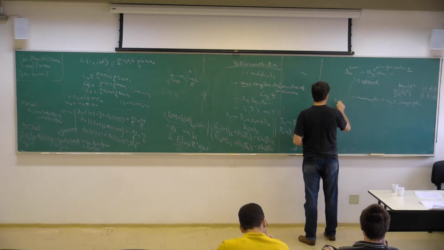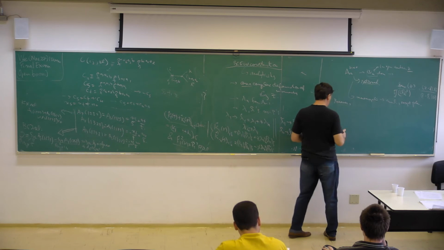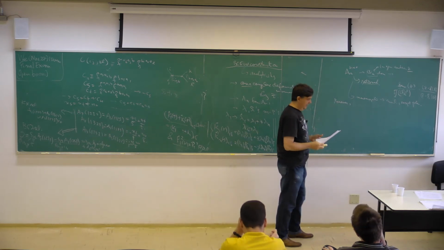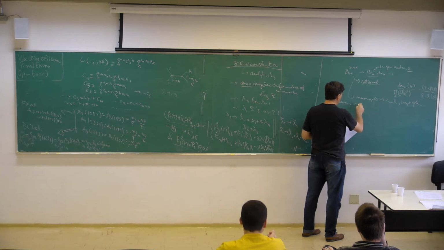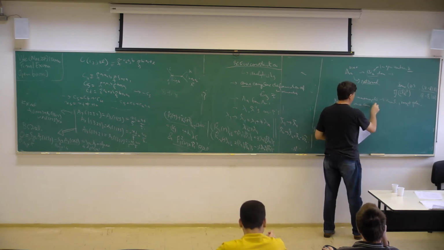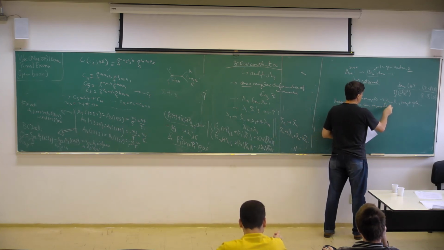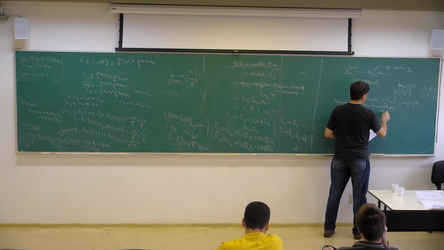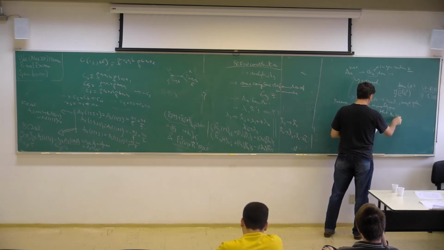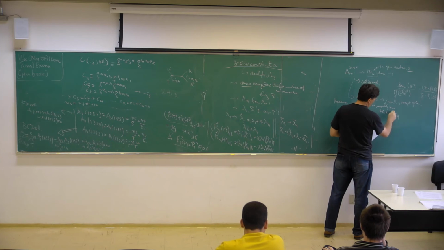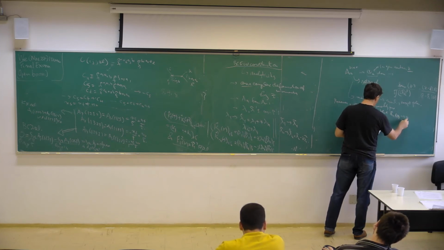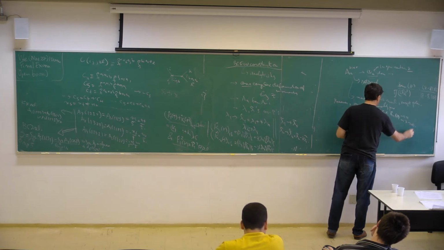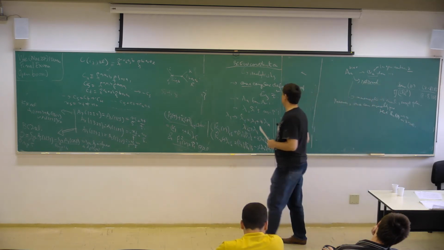Moreover, there's a step that takes some time to do, and I avoid it, that one can usually prove that A_n hat of z, this function of z, goes to 0 as z goes to infinity.